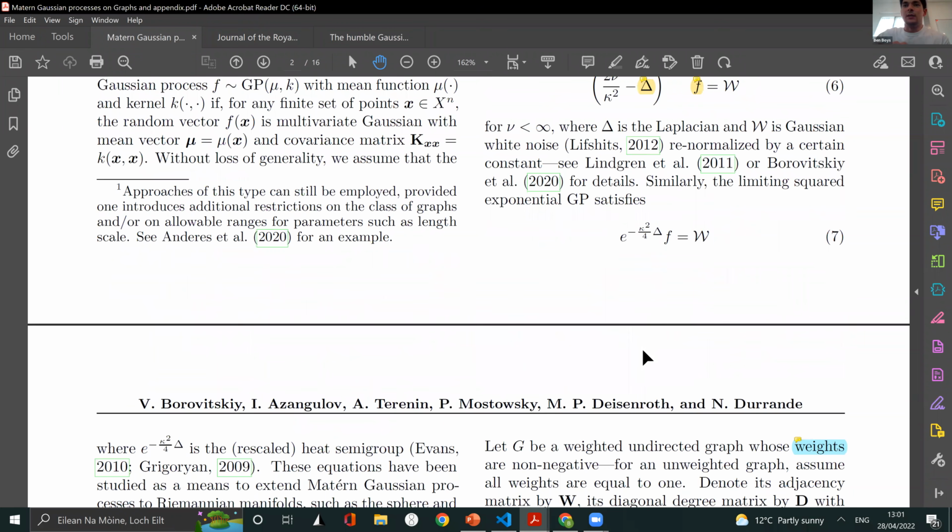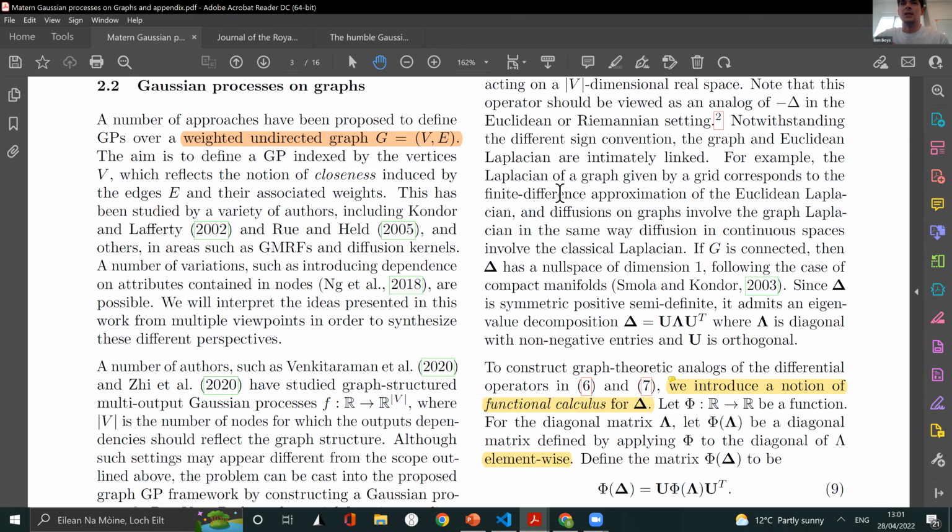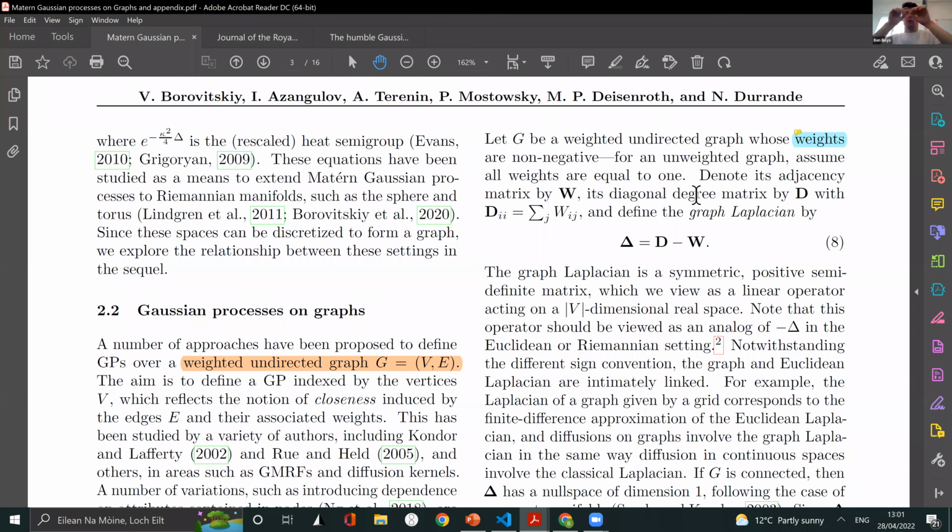And so the idea is that we have a Laplacian from the graph, which is defined by the adjacency matrix, which is W, and a diagonal degree matrix. The degree is, if I've got a point, how many other points is this node connected to?